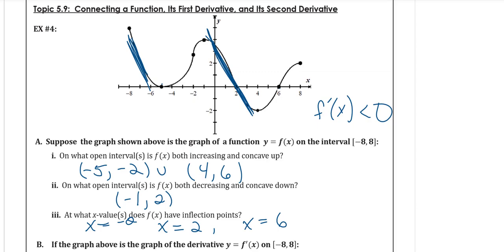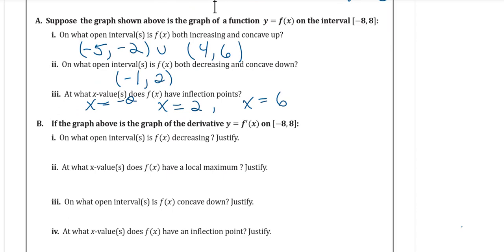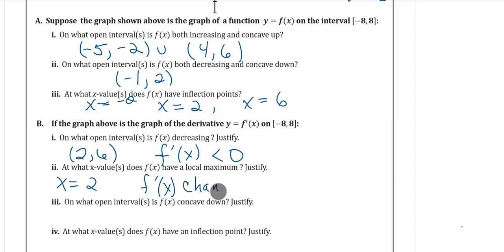Let me write those two down before we get too far away from those. All right, so part A, what intervals are we decreasing? Just from 2 to 6, and our reasoning would be that f prime of x is less than 0. Where do we have our local maximum? That was at x equals 2, and our reasoning would be f prime of x changes sign from positive to negative.